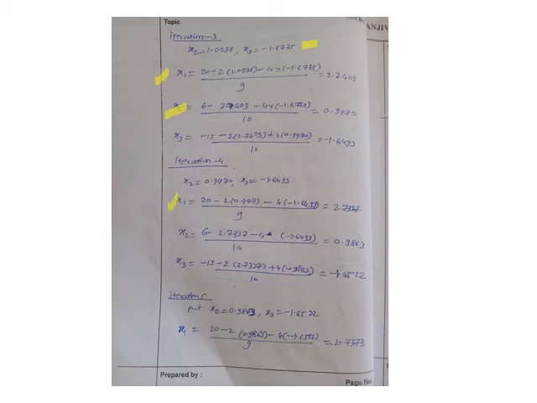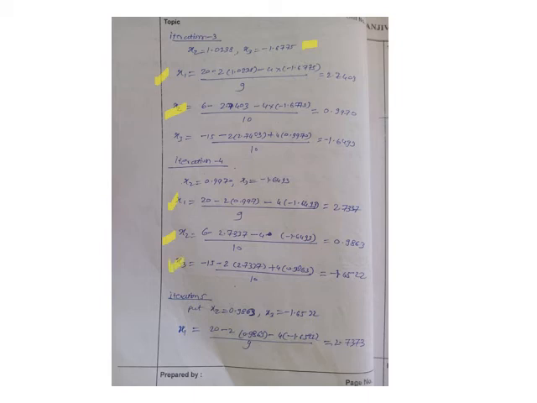Then you will use value of x1 as 2.7337 and value of x3 as minus 1.4693 to get the x2. Similarly, you will use the value of x1 as 2.7337 and x2 as 0.9863 to get the value of x3.